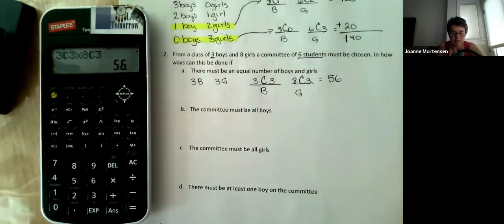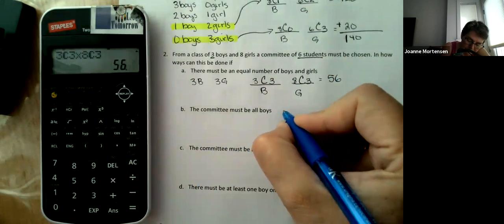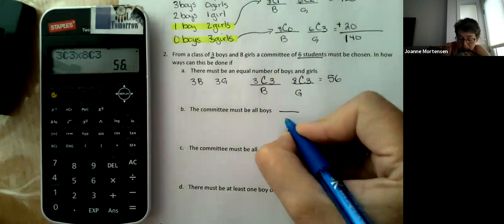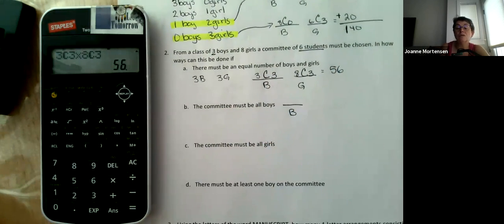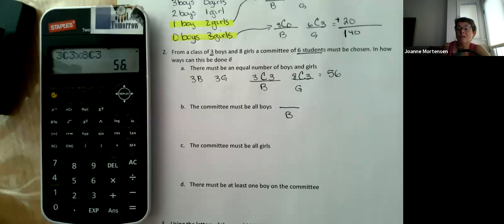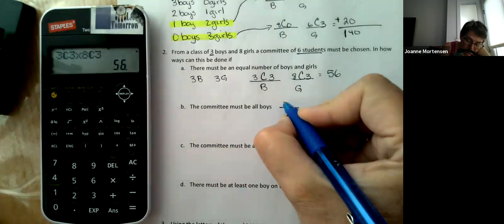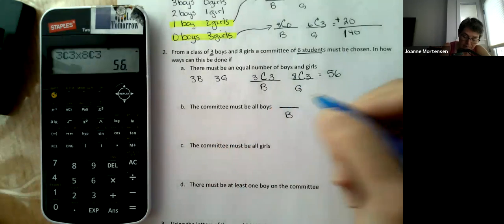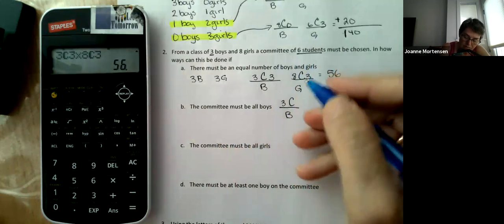Done. The committee must be all boys. Okay, so it's only one thing to choose boys. Now you don't need to do a blank and do it like that, but that's the plan. I'm going to do that every time. There are 3 boys, and I have to choose 6.